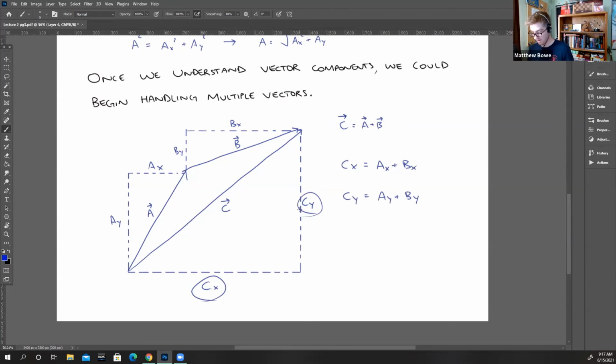With these two, I can then find vector C by using Pythagorean theorem, like I showed before.